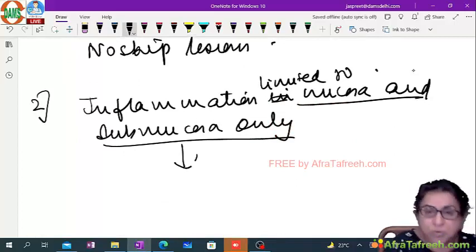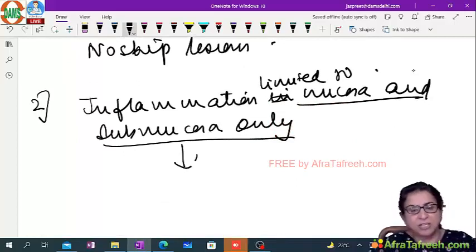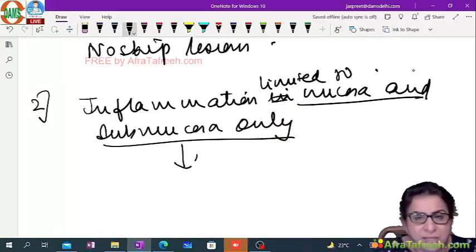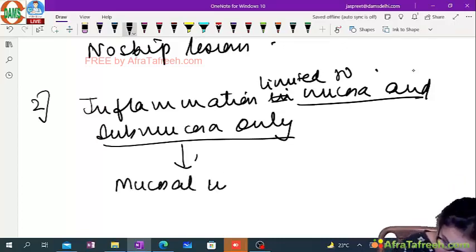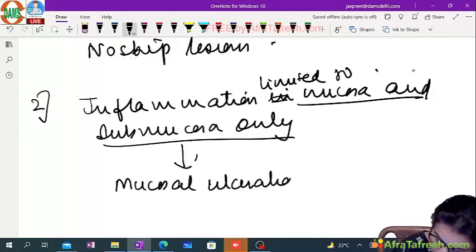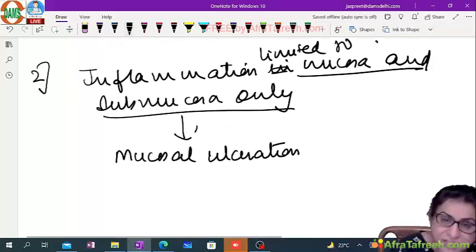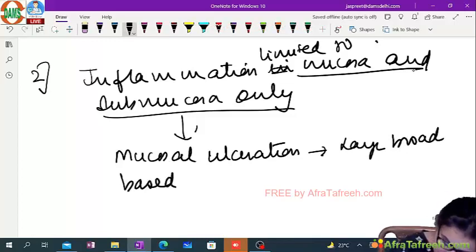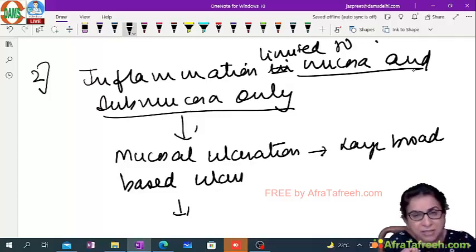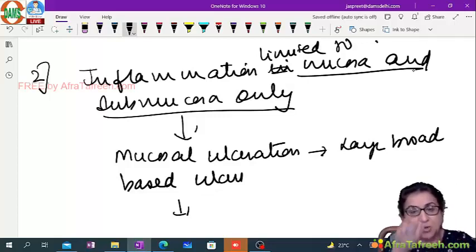Okay. Now when the mucosa gets inflamed, ulcers are found in the mucosa. So there is mucosal ulceration. What type of ulcers do you get? Large areas of ulceration. There are large broad-based ulcers. Now when you have these large ulcers, the mucosa starts to regenerate.